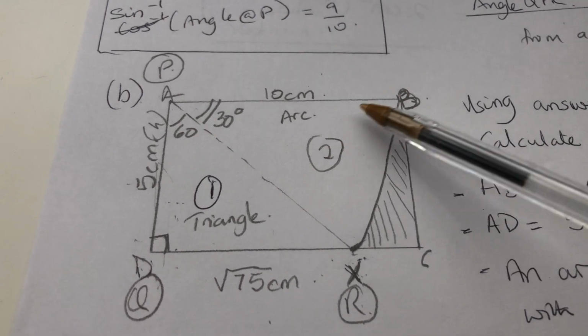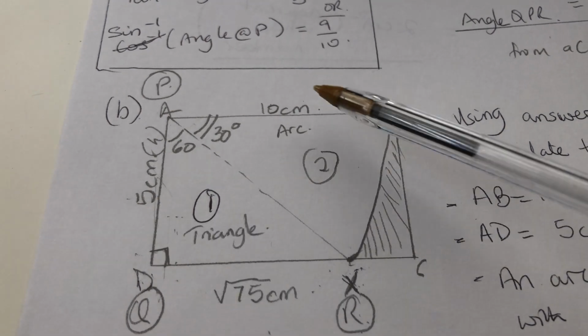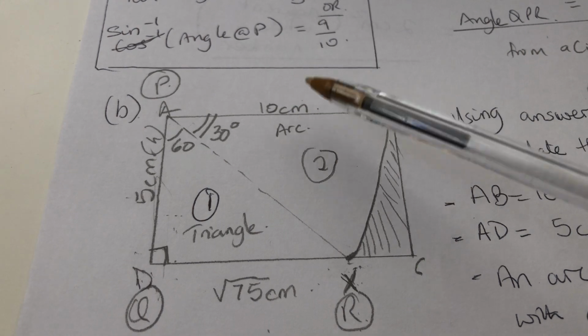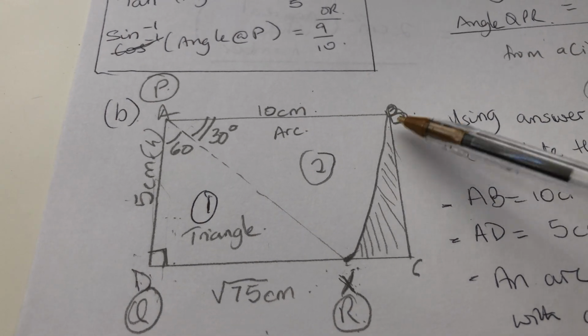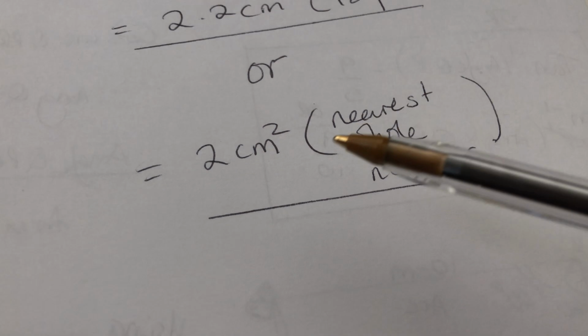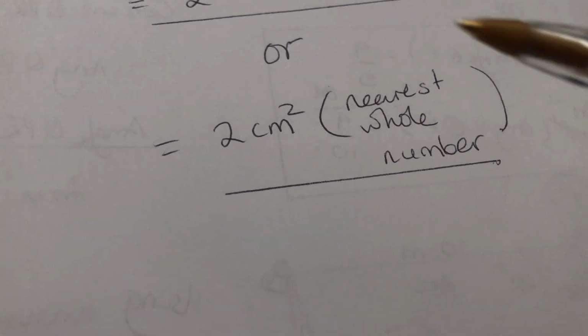And then you find the area of the rectangle, which is 5 times 10. You subtract this area and this area from the rectangle, and what is left is BCX, which we found here as 2 centimeters all squared to the nearest whole number.